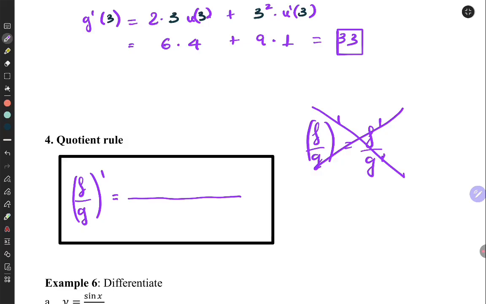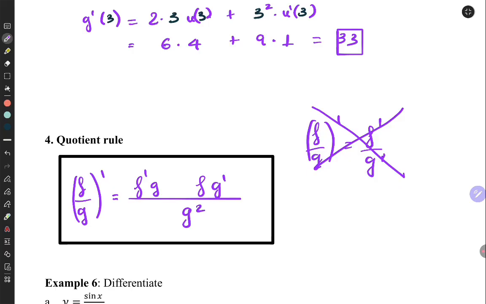In fact, it's going to be a little bit longer, but to memorize this formula, first of all, write out the denominator squared. Okay, nothing done with the denominator, just square that. g squared. In the numerator, you have exactly the same pattern as the product rule. But what's the difference?